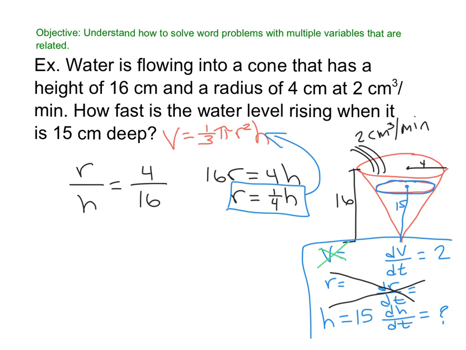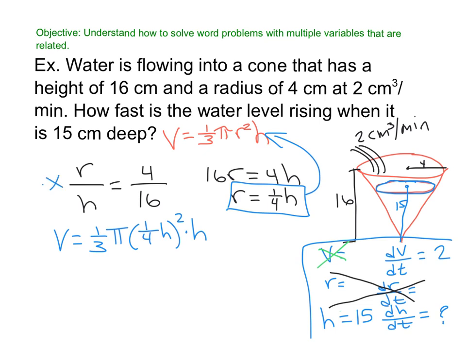We want to get rid of one of the variables. So V equals 1/3 pi. Instead of r, I'm going to replace it with 1/4 h, squared, h. So we figured out a proportion between the water and the cone.